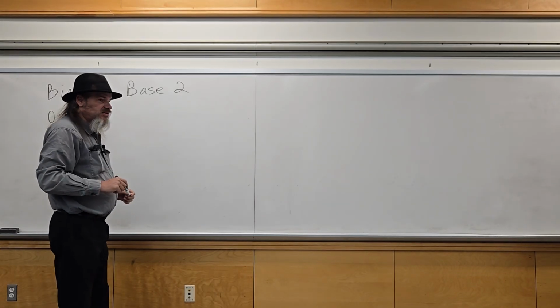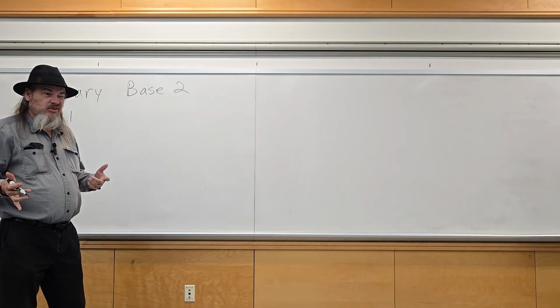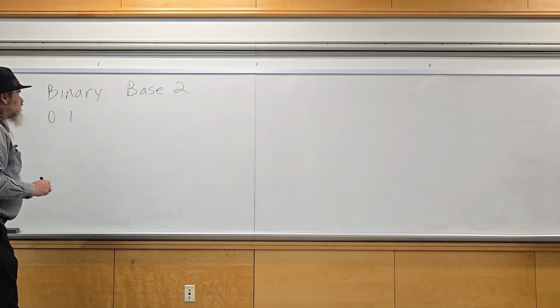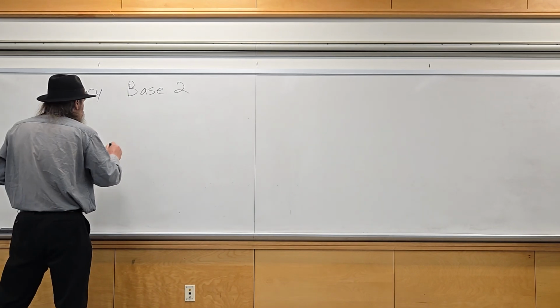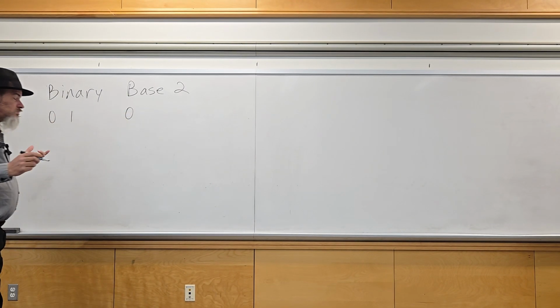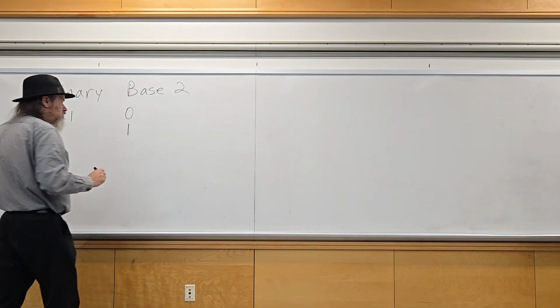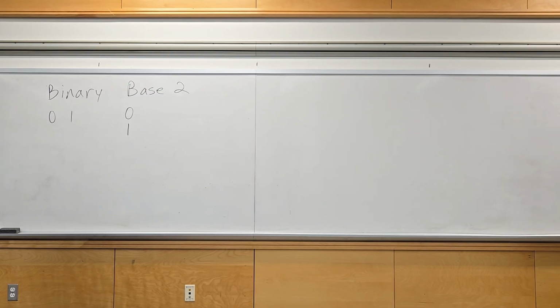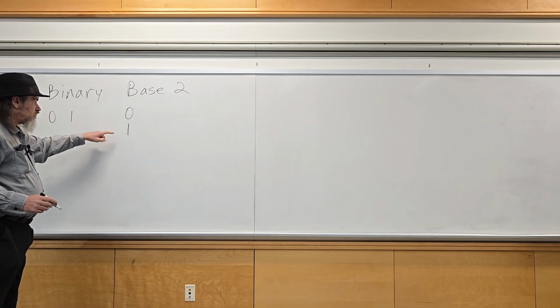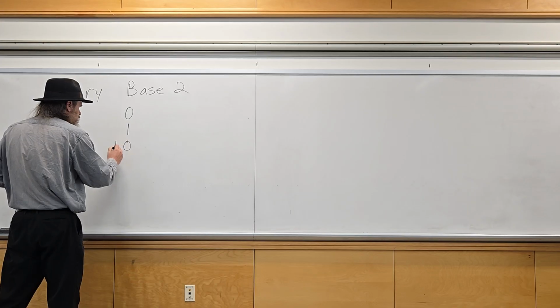Like base 10, though, it works a lot in the same way. For example, when you're counting, you start from 0, then you add 1. You've run out of symbols to use, so you roll over to 0 again and carry the 1.